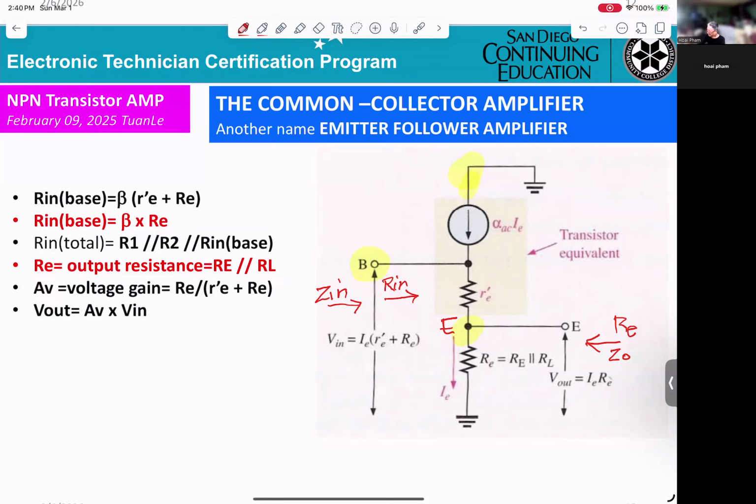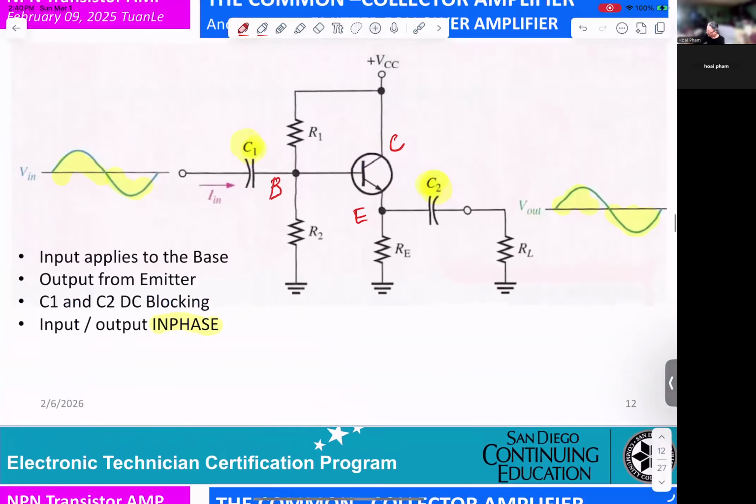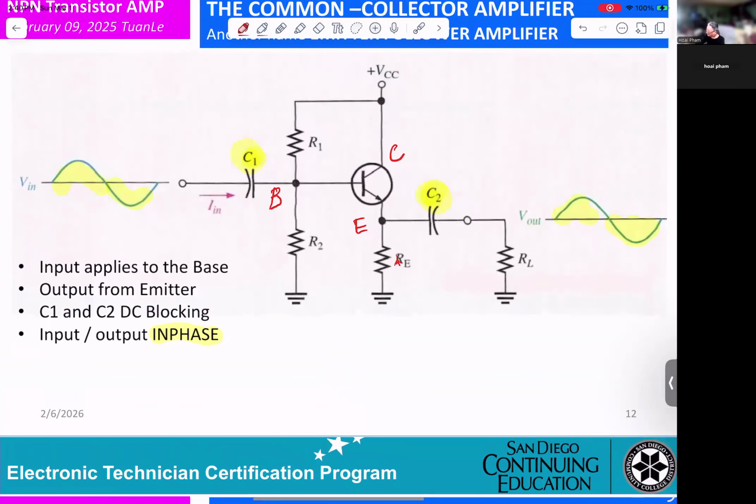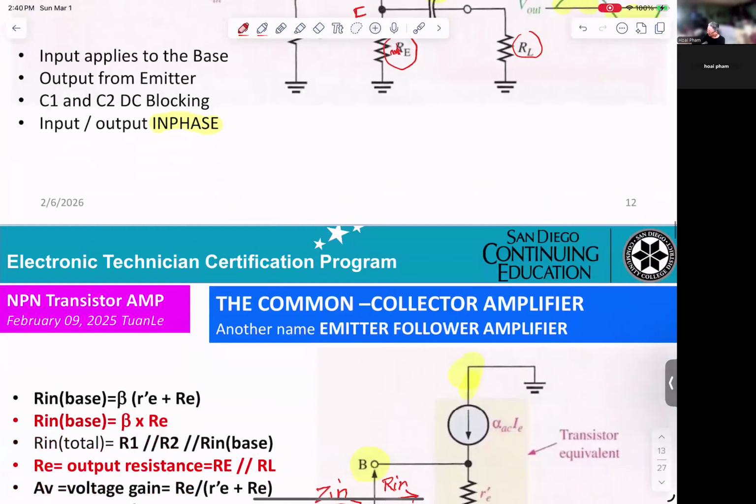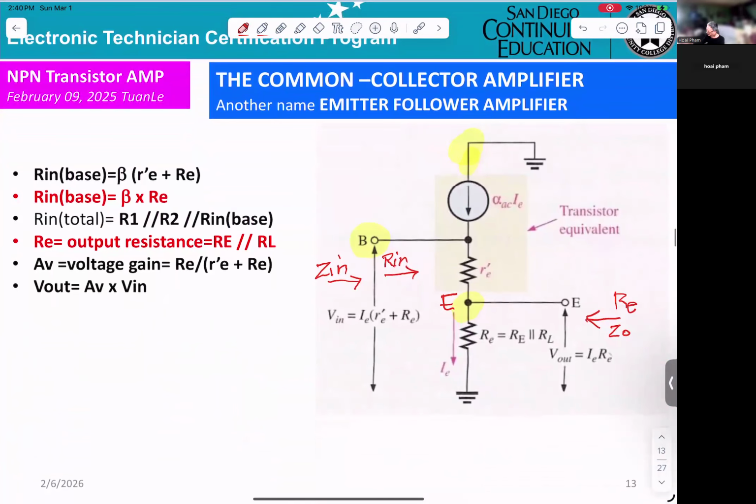Output impedance. And you can see, you can get RE right here, RE here. And this will be RL. If you're looking into the amplifier, you can see RE and RL in parallel. So that's why, RE parallel RL.